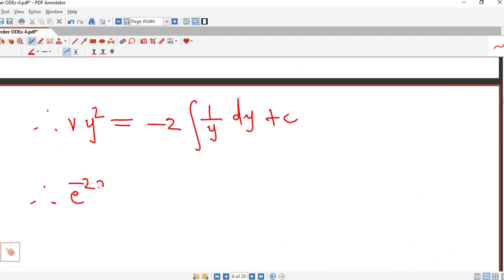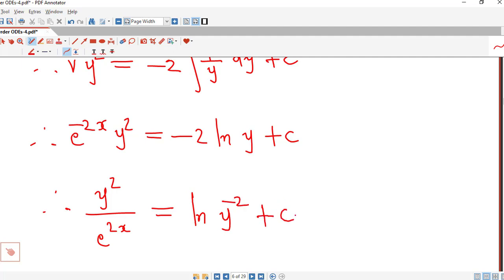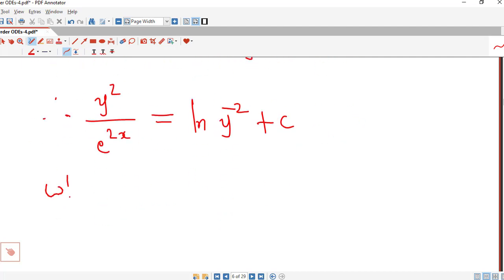Therefore e raised to minus 2x y square equal to minus 2 ln y plus c, or this we can rewrite as y square over e raised to 2x equal to ln y raised to minus 2 plus c, or we can keep this as it is. So this is the general solution of the given differential equation where c is an arbitrary constant.